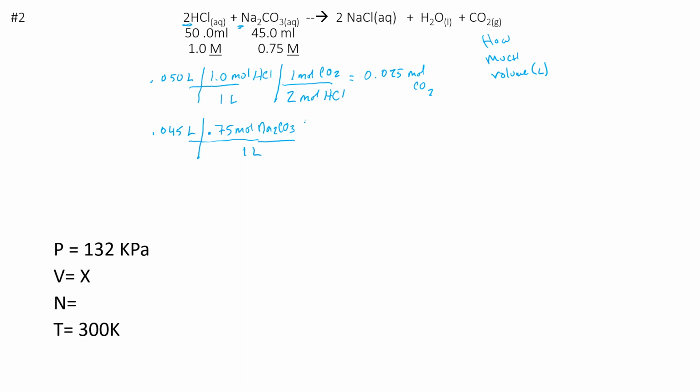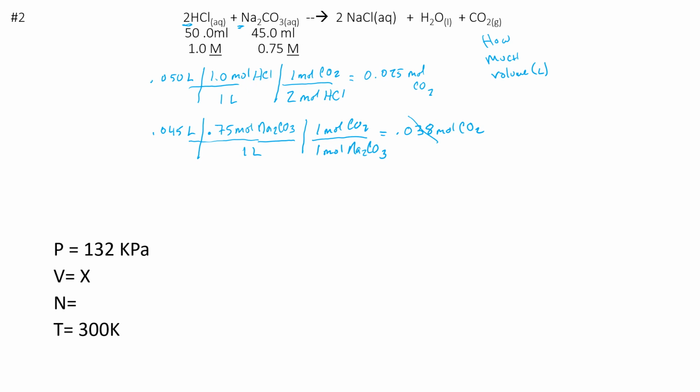And then we go into our mole coefficient step, which is 1 mole of carbon dioxide for every 1 mole of sodium carbonate. And we get this answer of 0.038 moles of CO2, which is larger, and I'm not going to use. A lot of you used that because you did not do a mole coefficient step for either one.